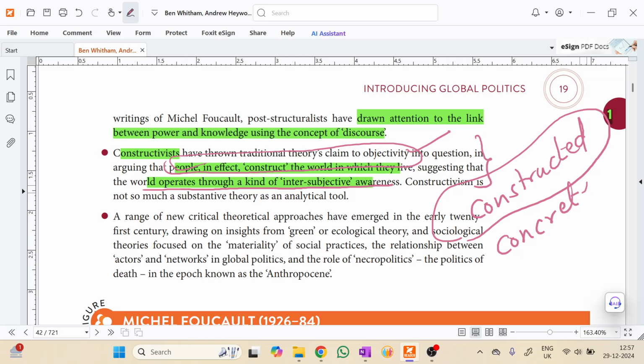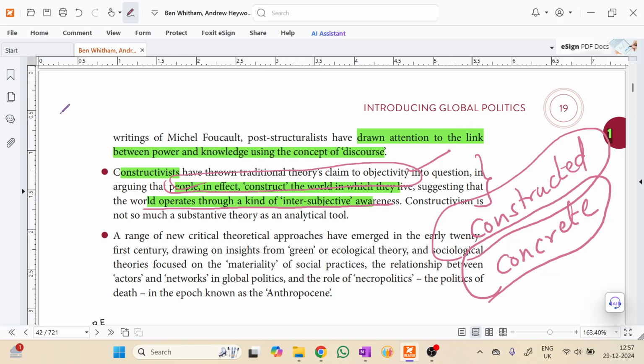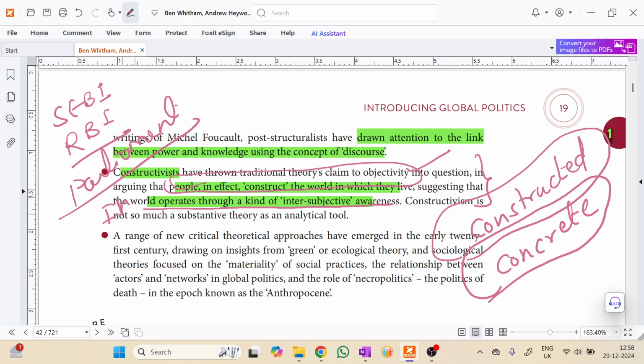So here, the buildings, such as the buildings of Security and Exchange Board of India, RBI, the new Parliament, infrastructure, industrial houses, or you can say a special economic zone.